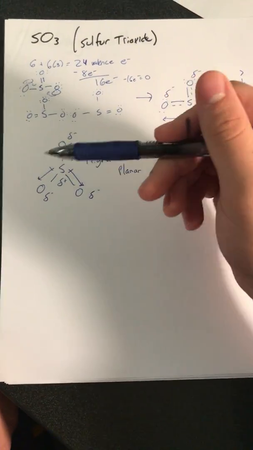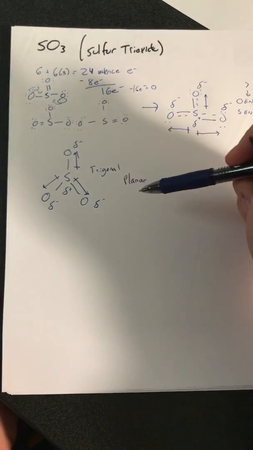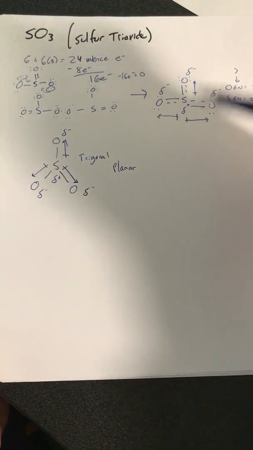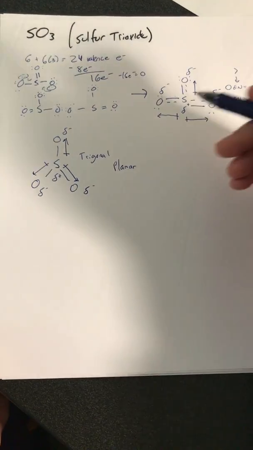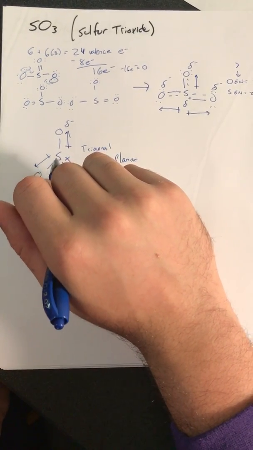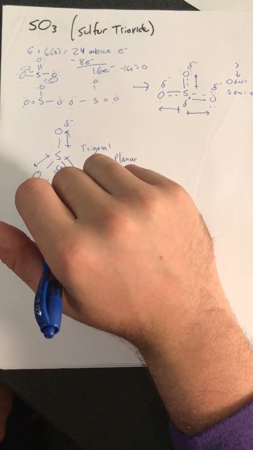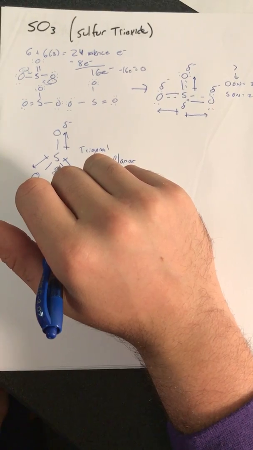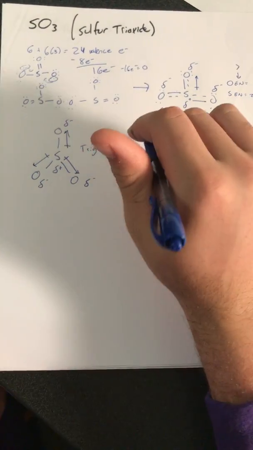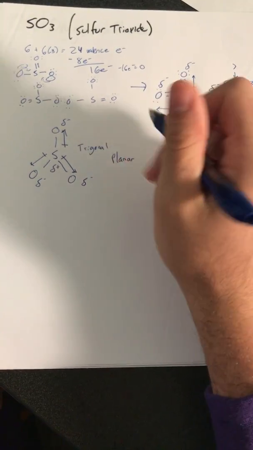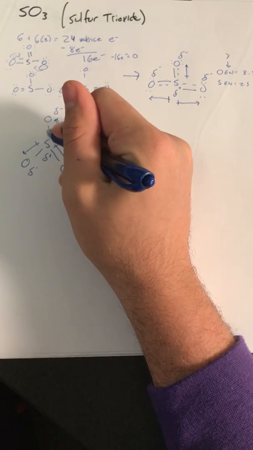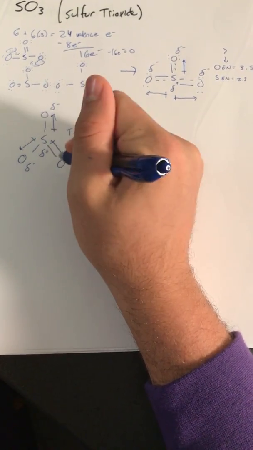So we're going to use this to determine if there is a net dipole or if there's not a net dipole. So the way to do that is, first you look at the central atom, and if all the domains are the same, then the dipoles do in fact cancel. And here, all the domains are the same.